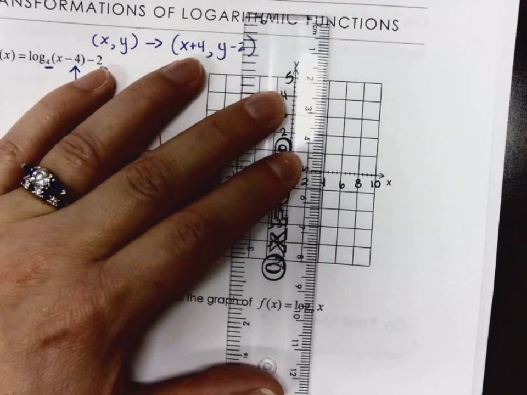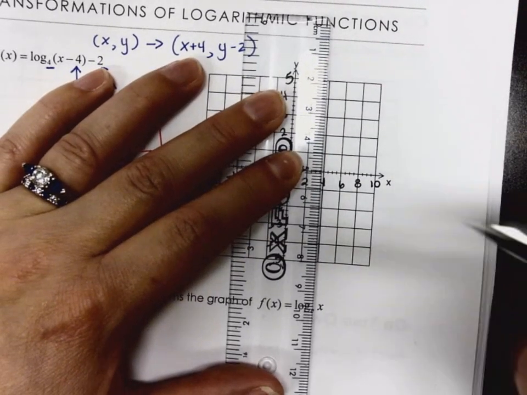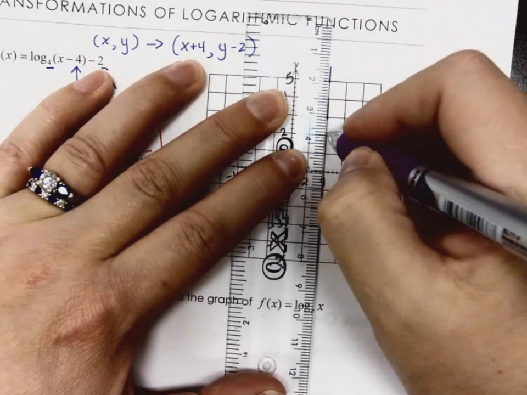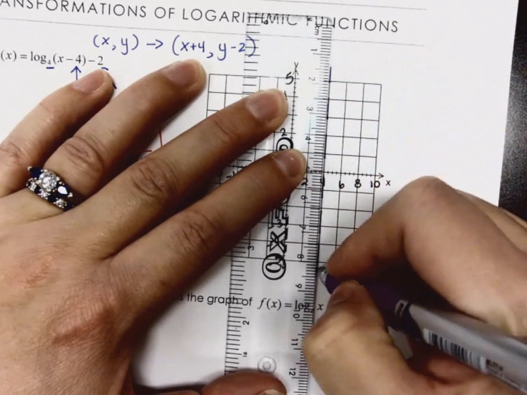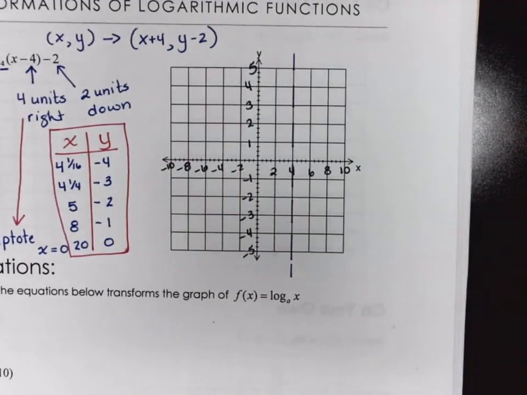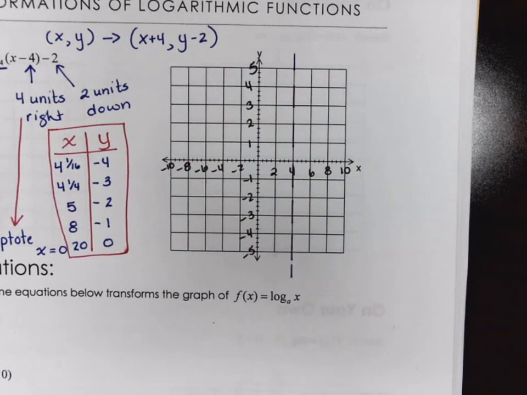So I know that my new asymptote was at 0, and now it's been shifted 4 units to the right. So it's going to be at +4.